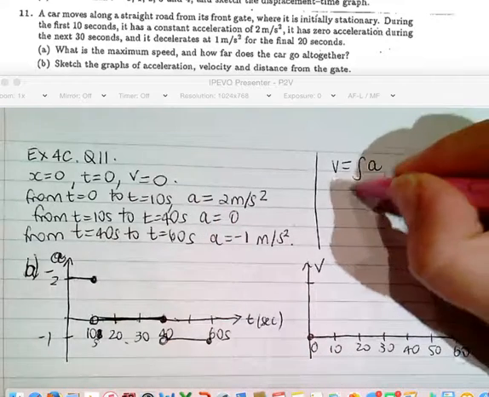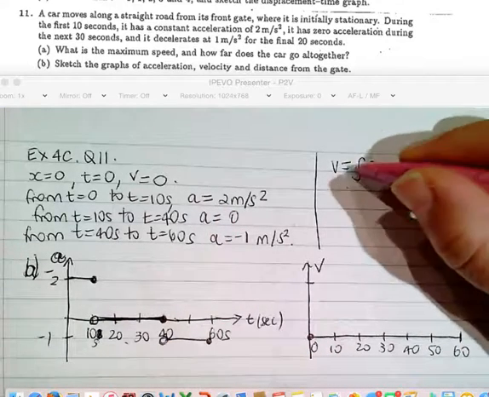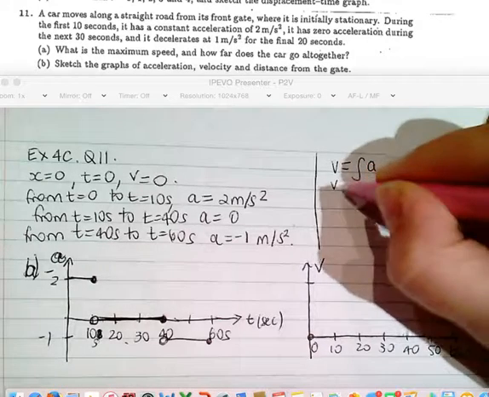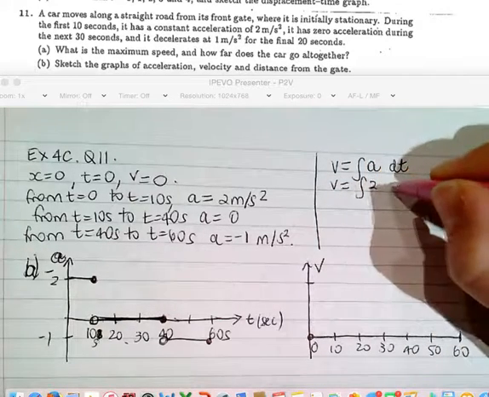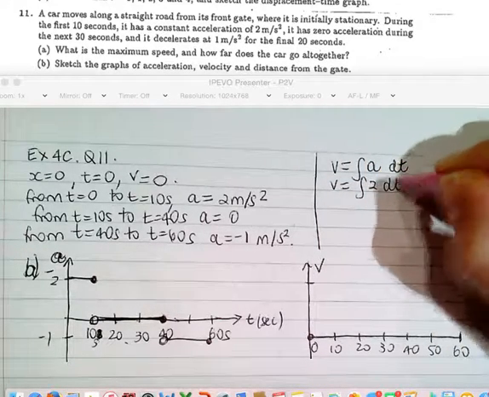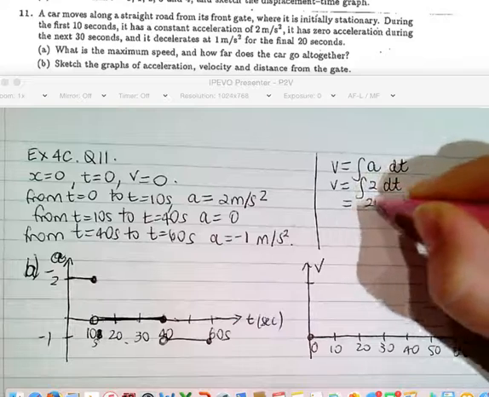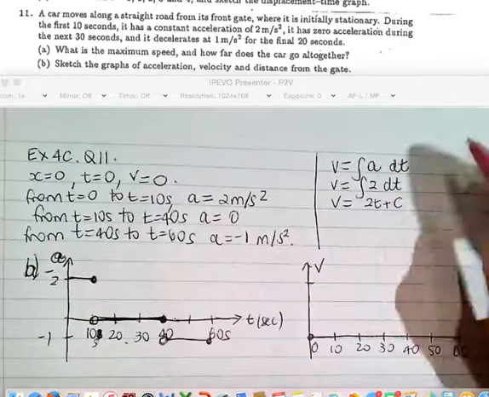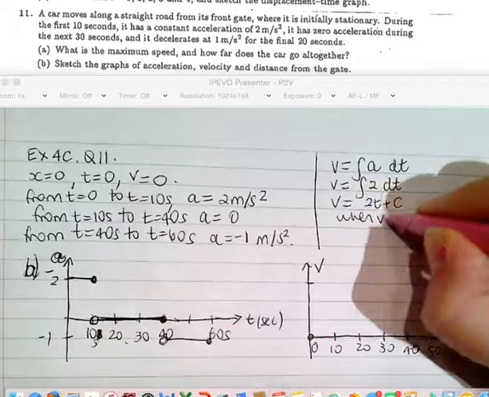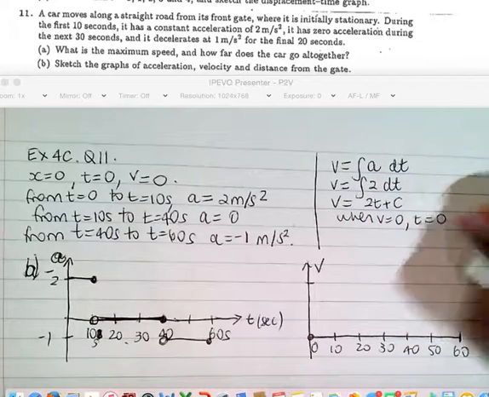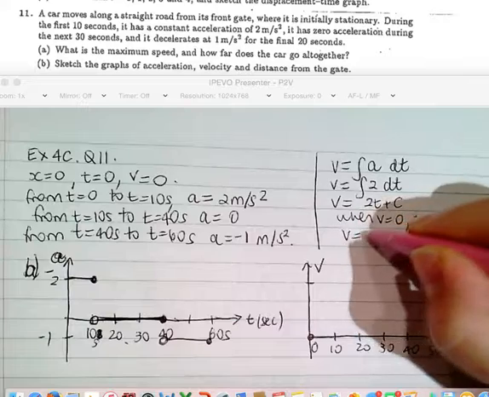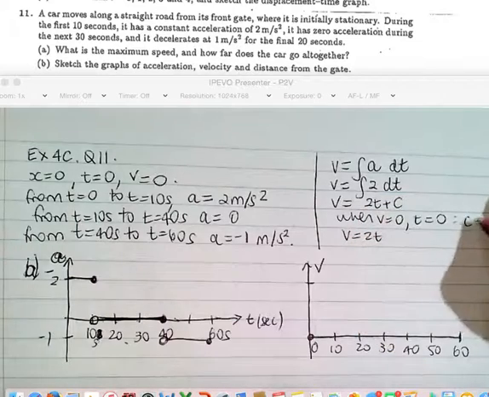So velocity is the integral of acceleration with respect to time. In the first 10 seconds, velocity is the integral of 2 dt, which is 2t plus c. We know that when t equals 0, v equals 0, so c is 0 and v equals 2t.